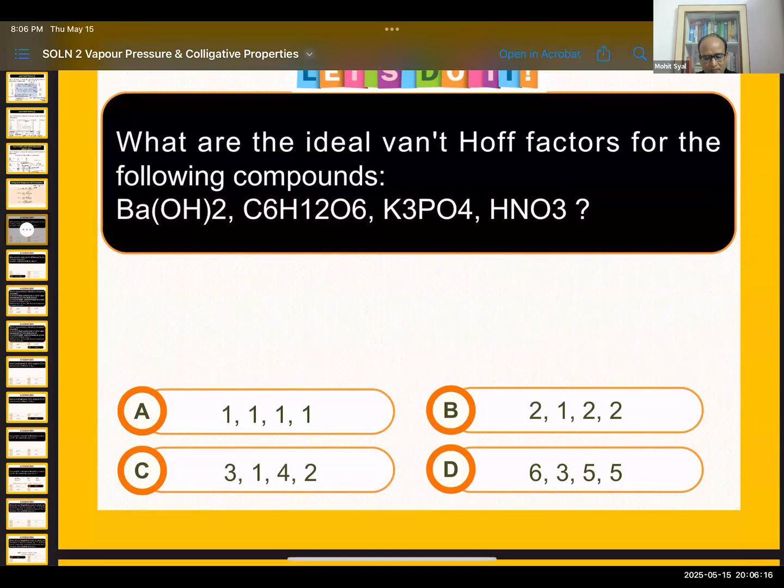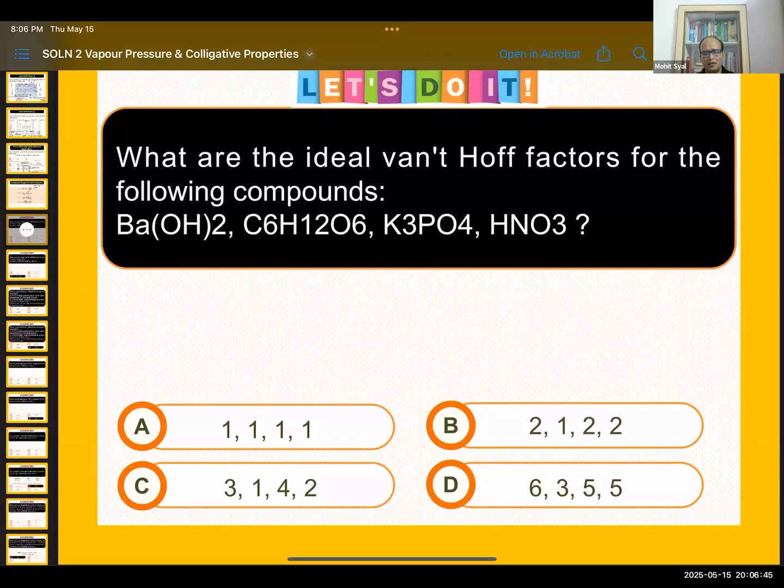So let's do this problem. What are the ideal Van't Hoff factors for the following compounds? The first one is barium hydroxide, Ba(OH)2. The second one is glucose, C6H12O6. The third one is K3PO4, potassium phosphate. And the fourth one is nitric acid, HNO3. Is it clear?